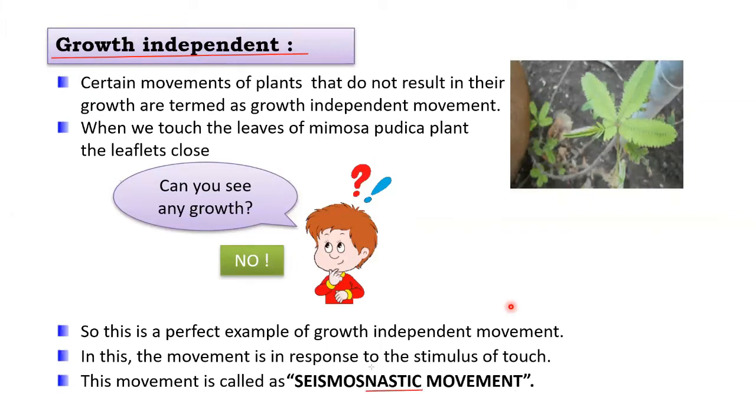This is proof that this kind of movement is a growth independent movement. All growth independent movements are named with the suffix nastic. So if nastic comes after the name of any movement, it means it is a growth independent movement. I hope you have understood it.